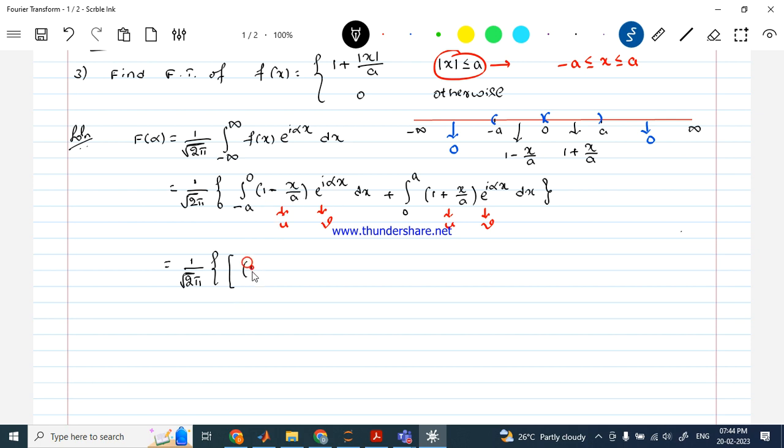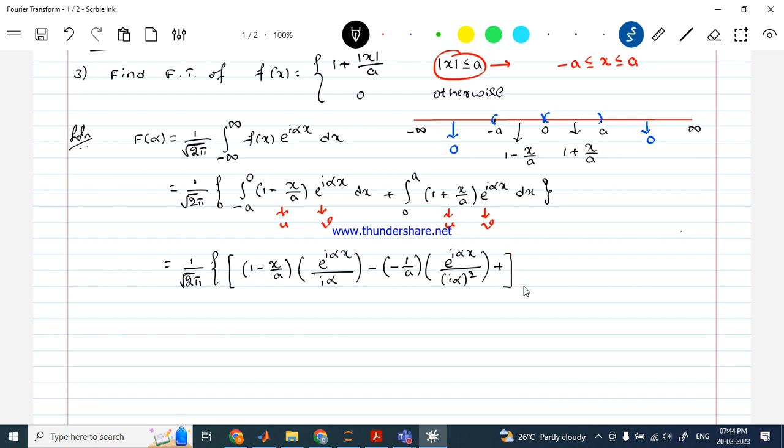So u is written as it is, 1 minus x by a into integration of e power I alpha x, which is e power I alpha x divided by the coefficient of x, which is I alpha, minus differentiation of 1 minus x by a, it's minus 1 by a into integration of e power I alpha x divided by I alpha into I alpha, it's I alpha whole square. Plus differentiation of minus 1 by a becomes 0.